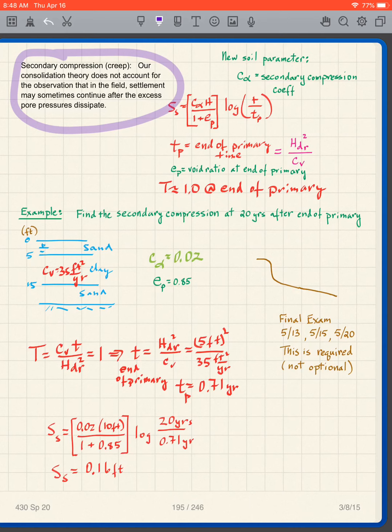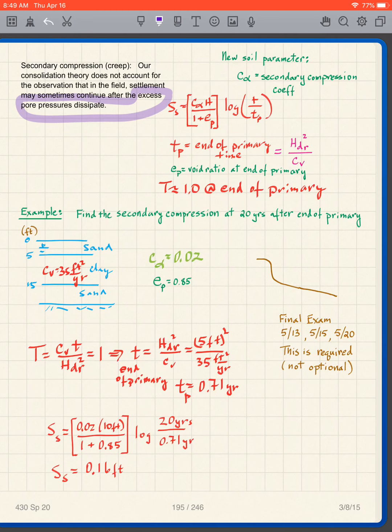In other words, our theory is that when the excess pore pressures dissipate and become zero, then all settlement should stop. And people noticed in some cases, not all, that the settlement still took place even after the excess pore pressures were zero.